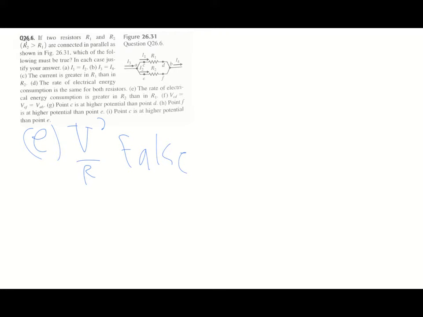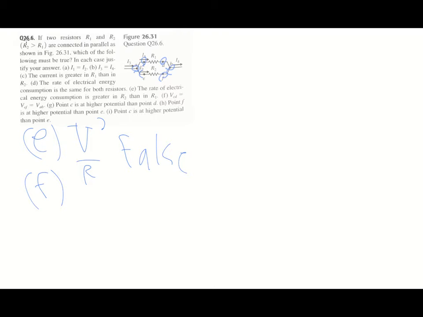For F, they're talking about the voltage difference between two points. The points they're looking at in this case are points C and D. And they said that the difference between those is equal to the difference between E and F, and that it's equal to the difference between A and B. And that is absolutely true, that those voltage differences have to be the same.